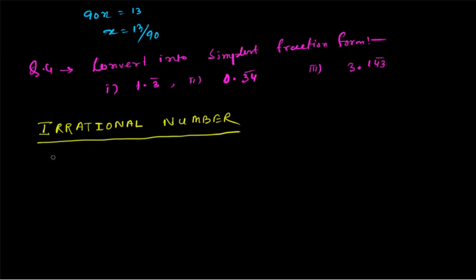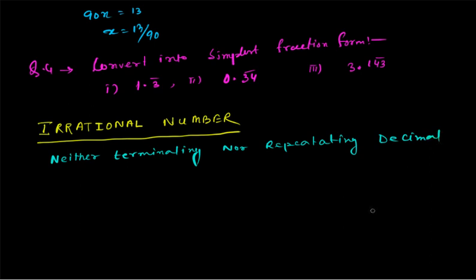So these numbers will be neither terminating nor repeating decimal. This kind of numbers are irrational numbers, usually denoted with Q complement or sometimes Q complement.